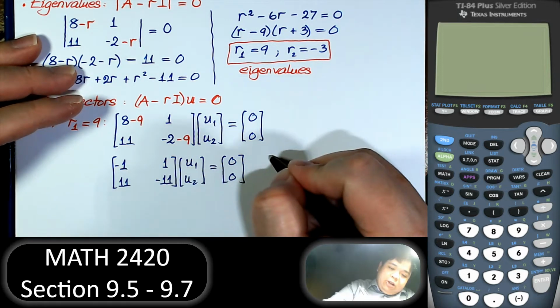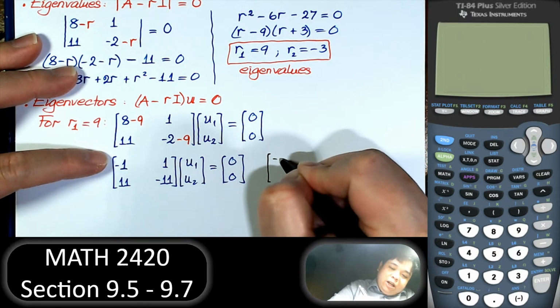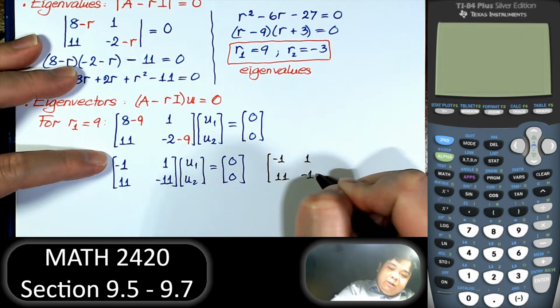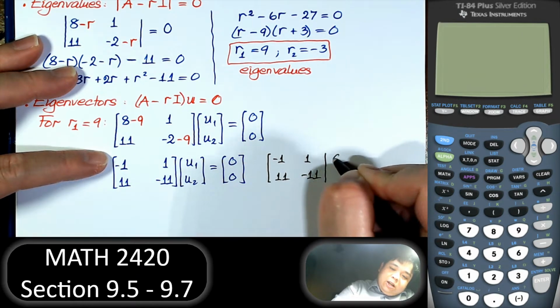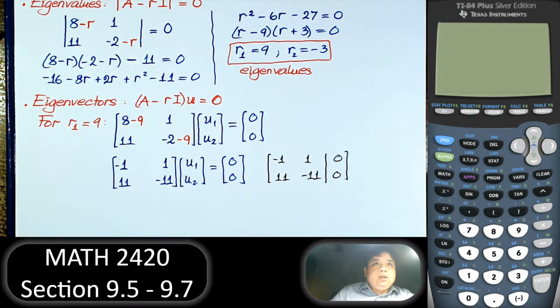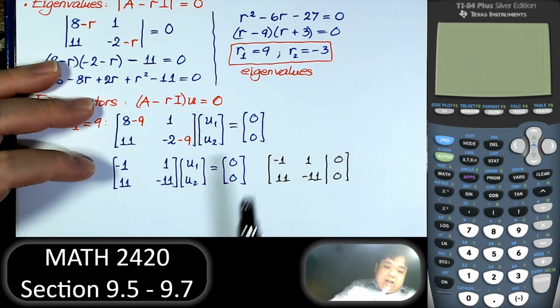For this one, the corresponding matrix is negative 1, 1, 11, negative 11, and on the other side 0, 0. So that is the augmented matrix.